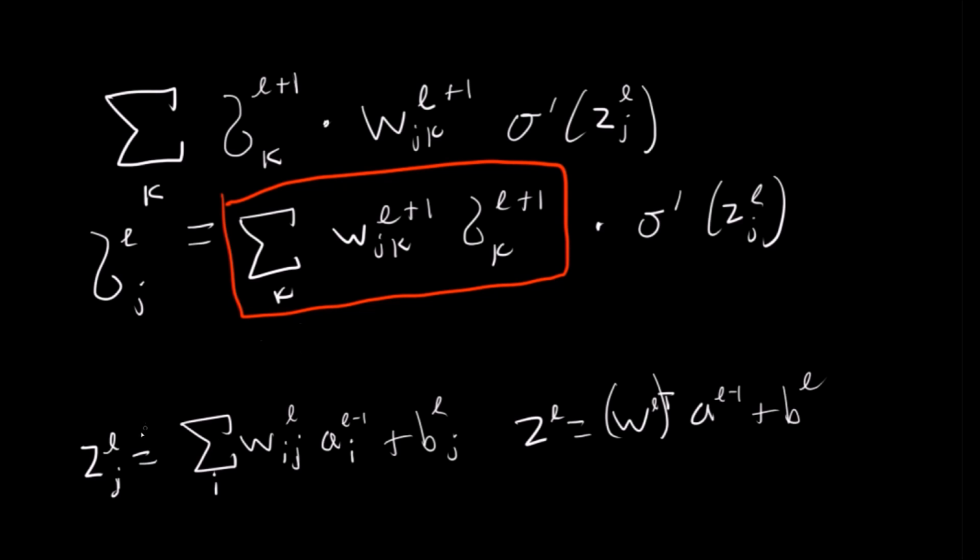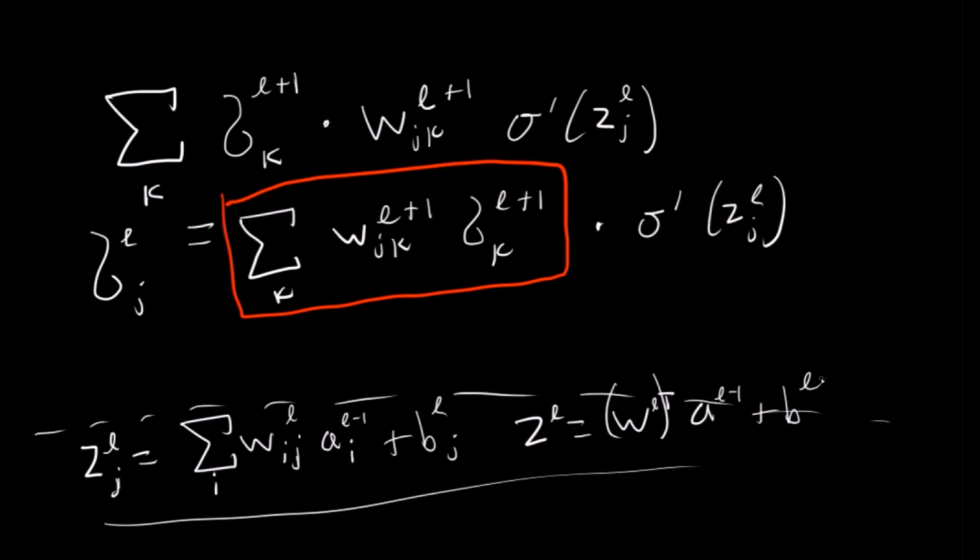So let's extend that principle, everything that we did here, to the equation for the delta value in layer L that we just got, and we can transform this. Now, pay close attention: in this equation, I is changing and it's on the left spot, but K is changing and it's on the right spot. So we actually need to take the transpose of the transpose, which is simply the regular matrix.